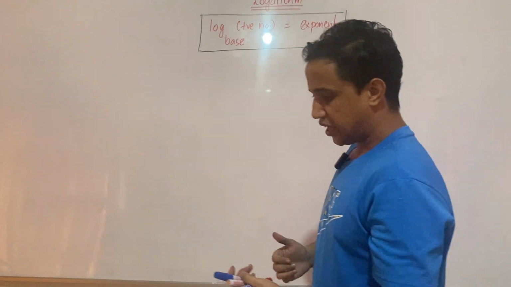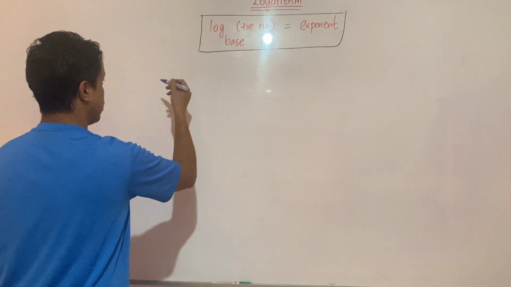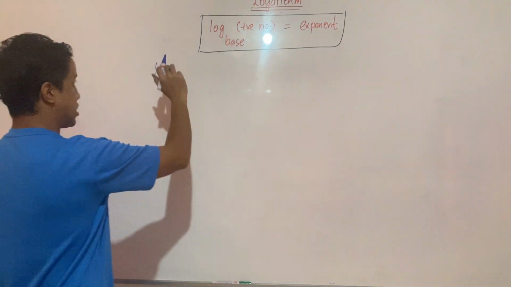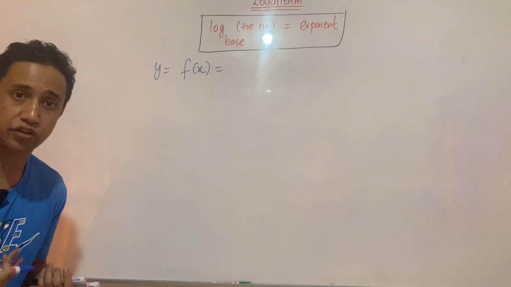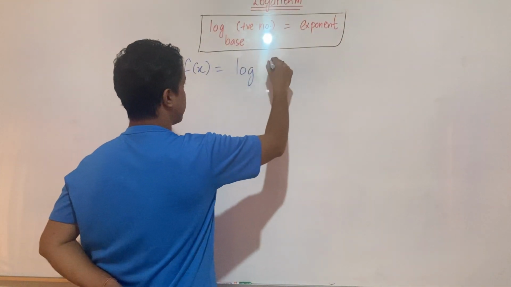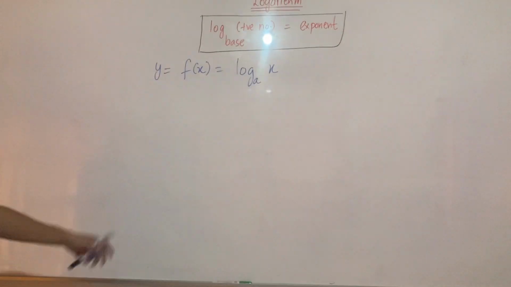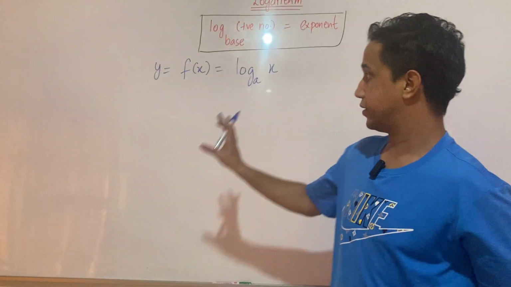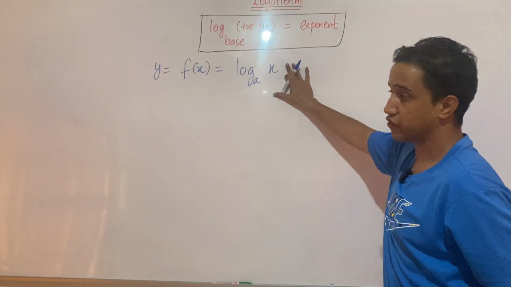So I can represent a logarithmic function as y equals f(x). Okay, it's a function of x, and I can write here log of x to the base a. Any general logarithmic function can be defined like this, because y is a function of x.